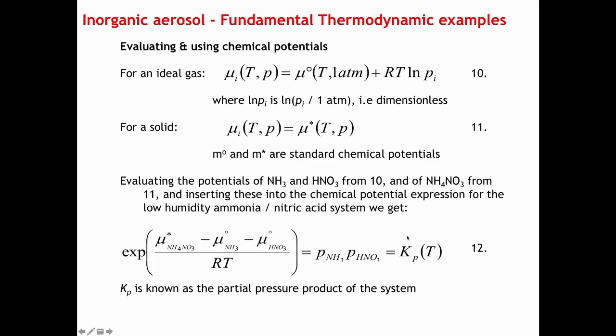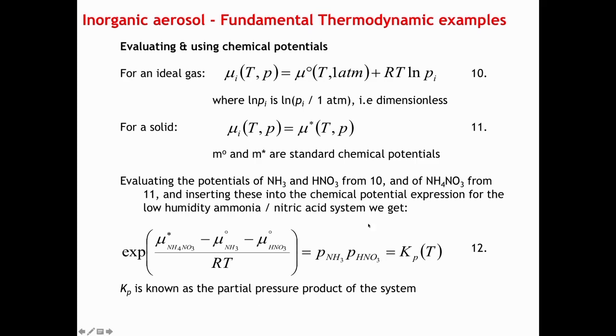Because that constant has the units of P squared, it's the partial pressure product of the system. So the equilibrium constant that defines how much gas and how much solid you have at equilibrium in the ammonium nitrate system is the partial pressure product of the system.